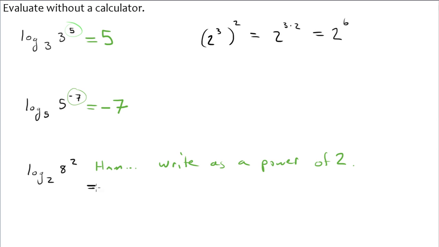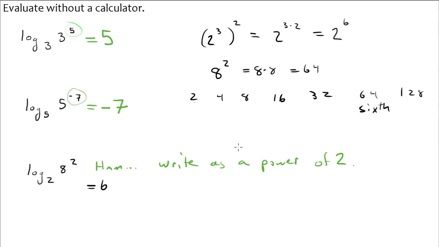And this would be equal to 6. Or we could use brute force. 8 squared is 8 times 8 is 64. 2, 4, 8, 16, 32, 64, 128. 1, 2, 3, 4, 5, 6. Sixth power. Either way, we're going to get to that correct answer by writing it as a power of 2, a power of the base.